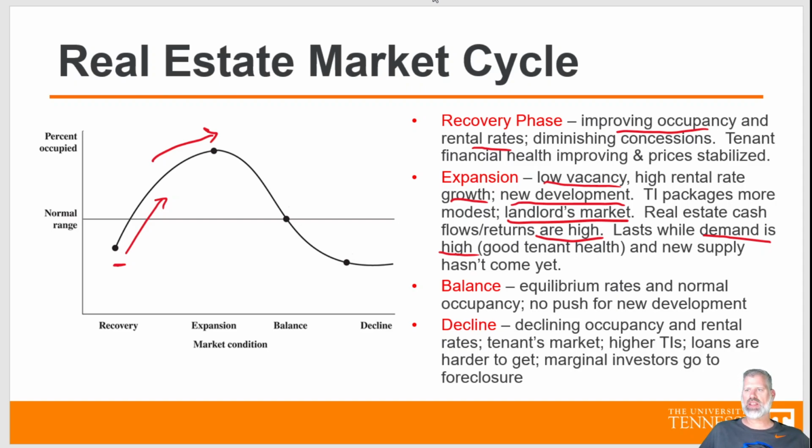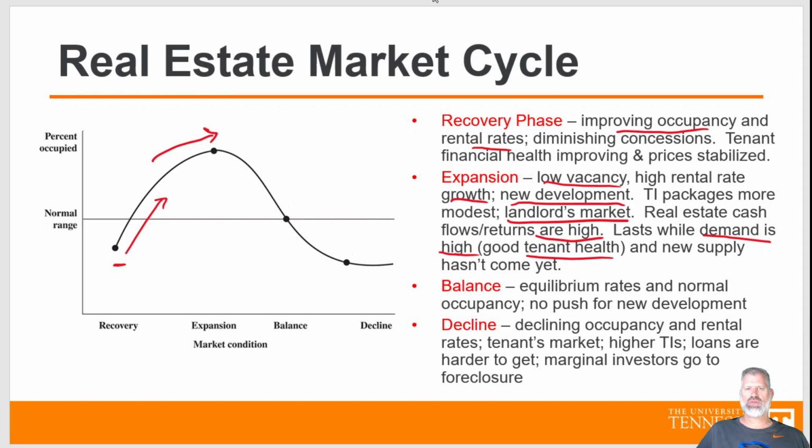If there aren't a lot of deliveries, there's going to continue to be pressure on occupancy and a lack of space. As long as tenants' financial health keeps going, we're going to be in that expansion phase, and things will be really good from the investor side, but much more difficult from the tenant side.